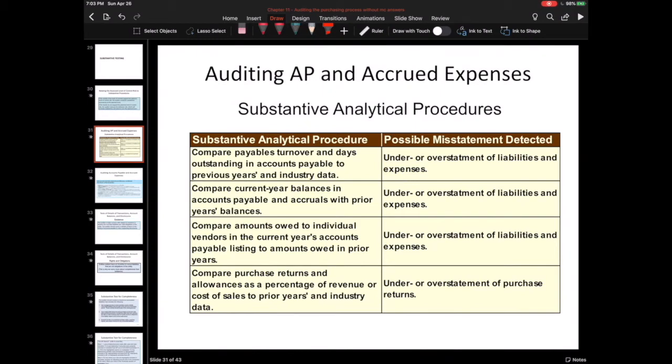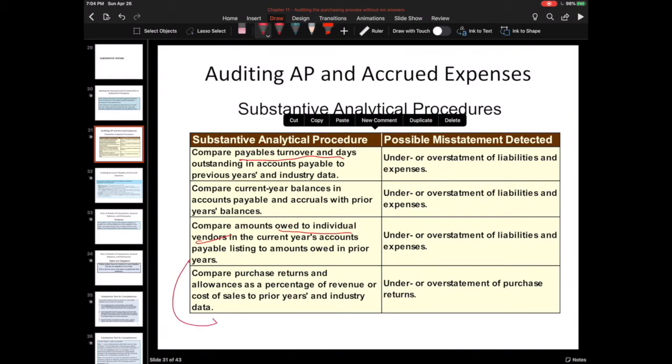Nothing too crazy here, so I'm not going to spend a ton of time going over it. Things like looking at how payables turnover has changed over time. Other important things would be looking at individual vendors and comparing them year over year.